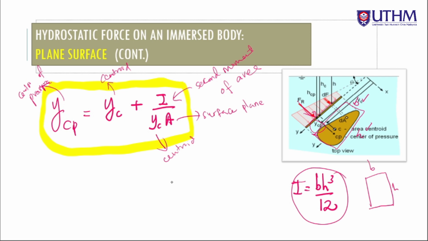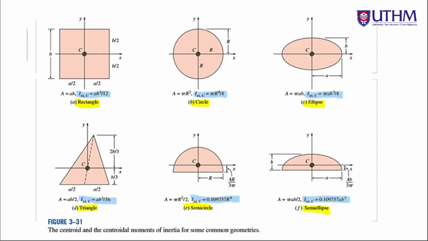Selalunya question dia akan bagi tahulah plane tu adalah rectangular ke, triangle ke, and so on and so forth. Okay, so kalau kita tengok kat sini, different shape akan bagi different value of second moment of inertia.